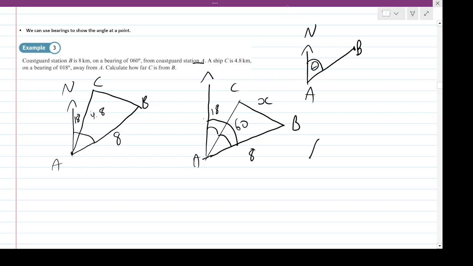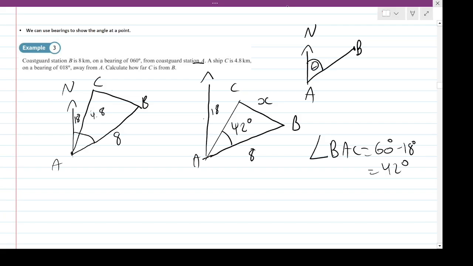So angle BAC is going to be 60 take away 18, which is 42 degrees. So now I've got an angle in the triangle. Cool.